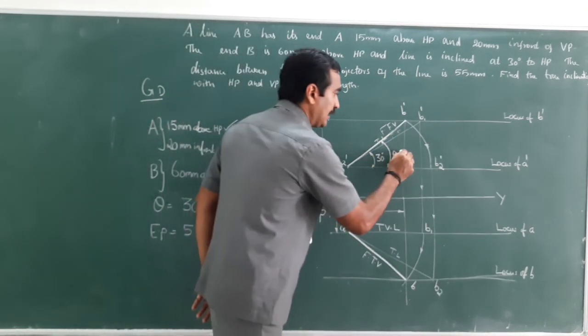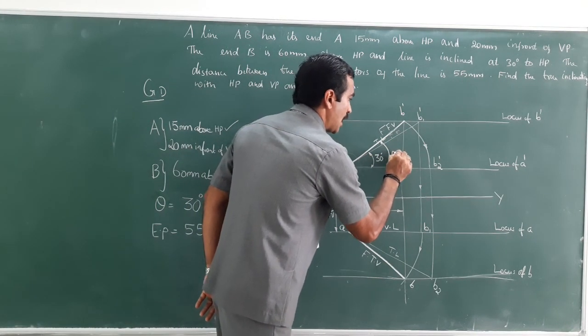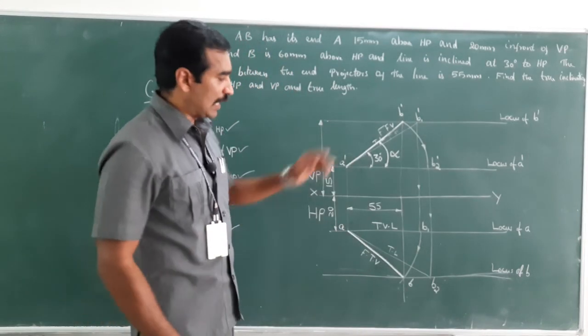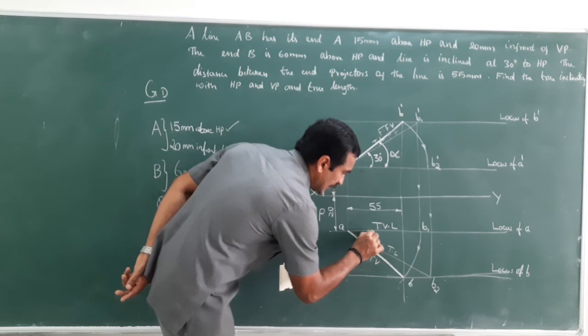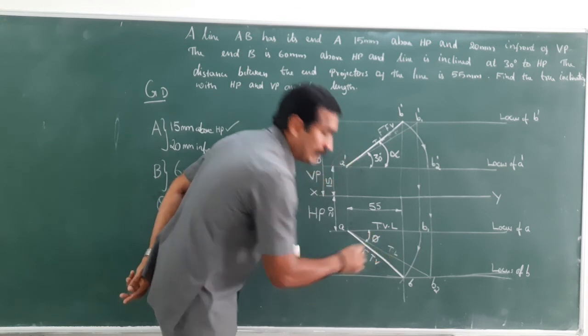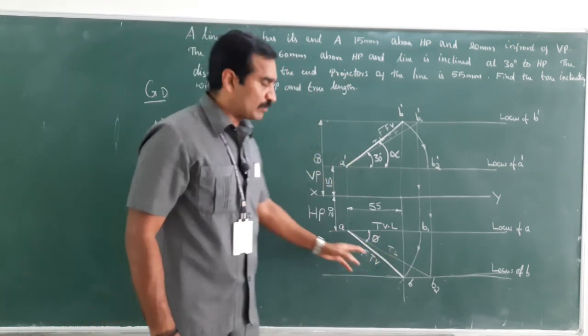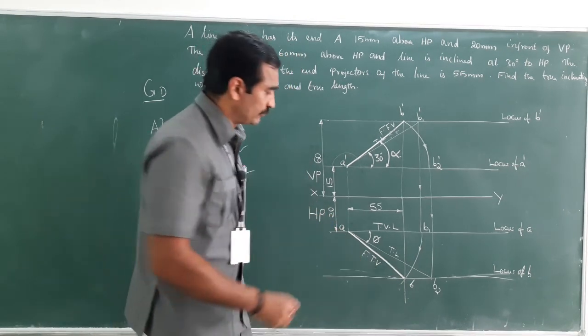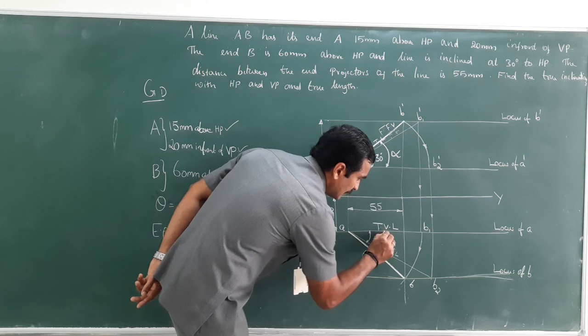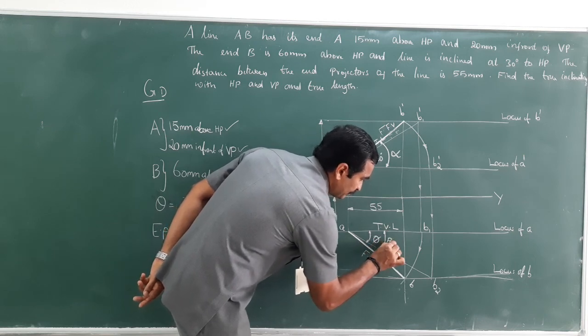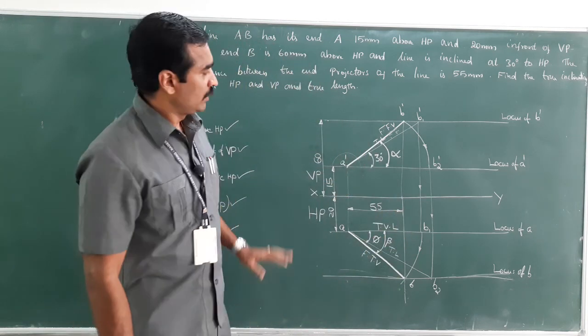The apparent angle of HP is alpha. Then the true inclination with VP is termed as phi. Then what about the apparent angle of VP? This is nothing but beta.